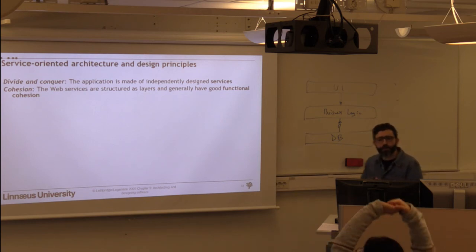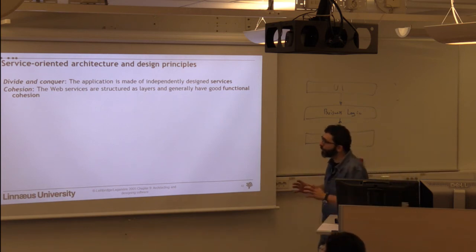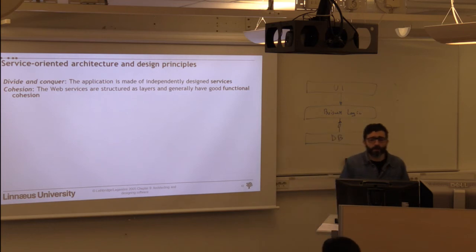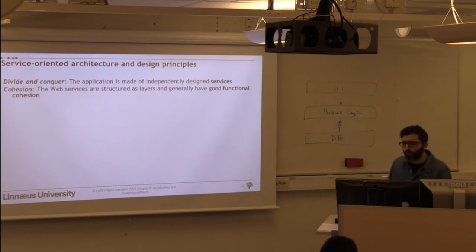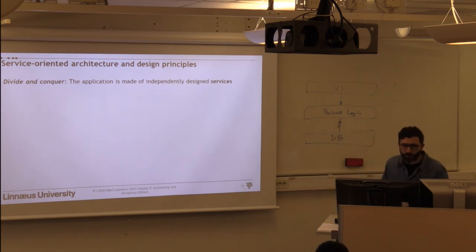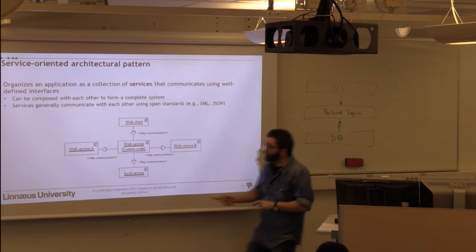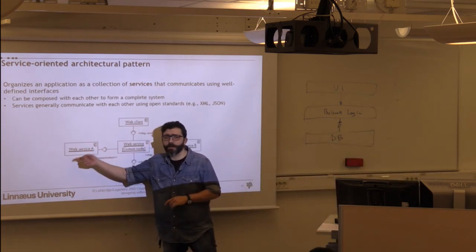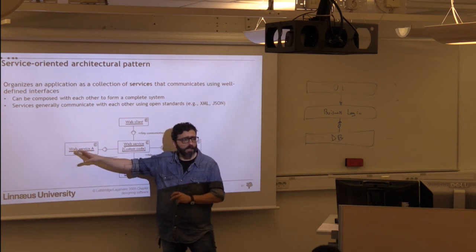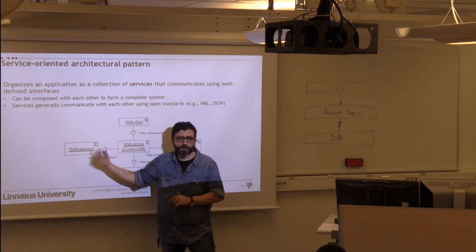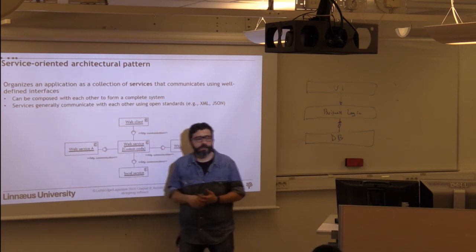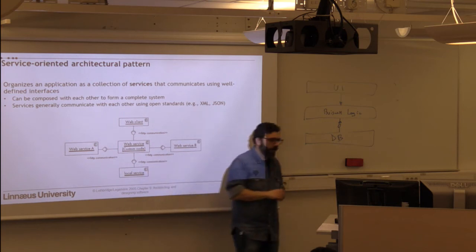Cohesion: usually every single web service is well structured and provides a very good functional cohesion. I mean, if this is Google Maps, that type will provide only functionalities about the map, and does not mix up the functionalities.